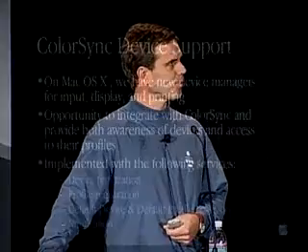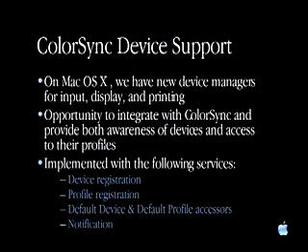Speaking of devices, another new feature in ColorSync on Mac OS X is device support. On Mac OS X, we have new kernel, new I/O, and new device managers for input, display, and printing.